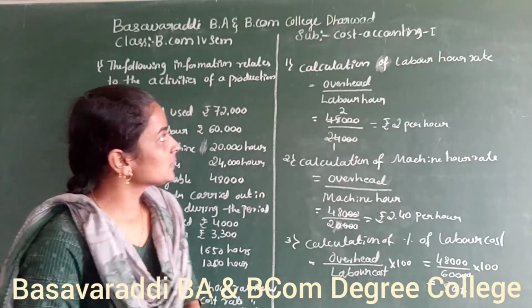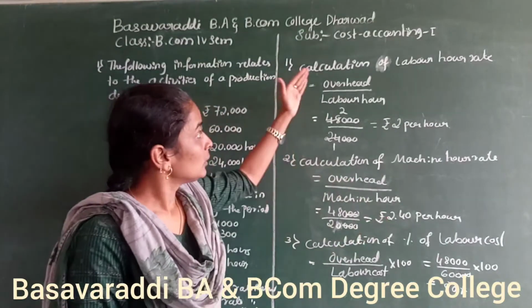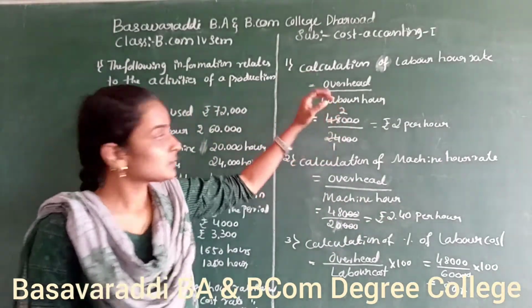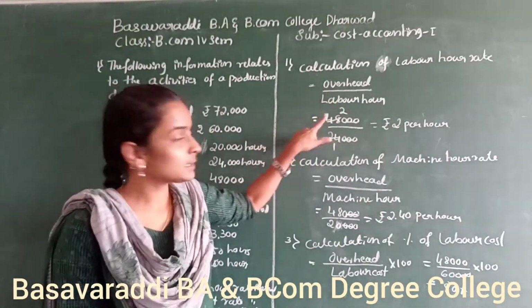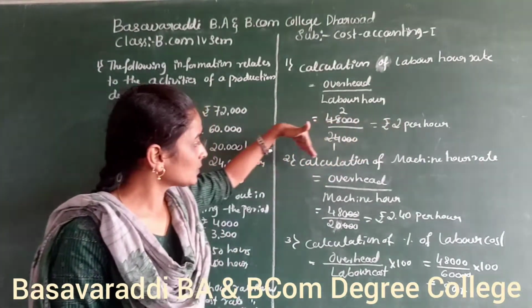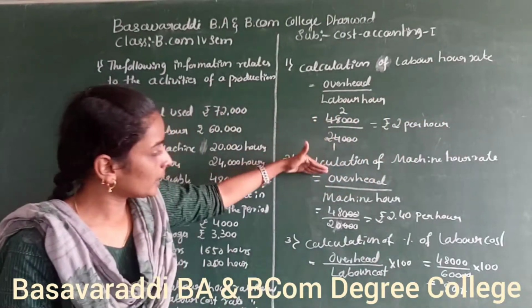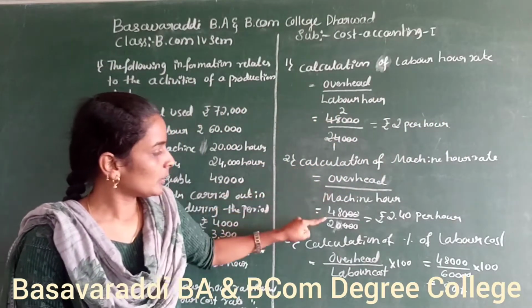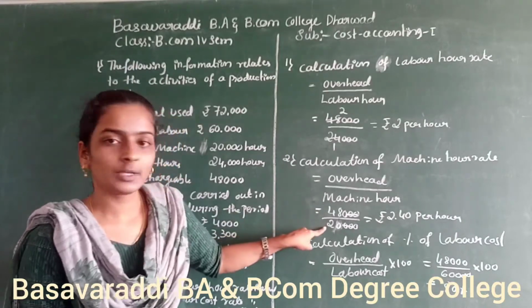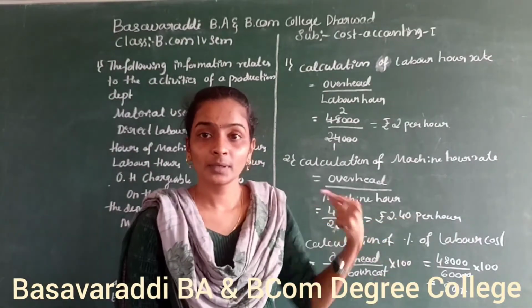Okay. The first one is calculation of labor hour rate. Overhead divided by labor hours. Overhead is 48,000 divided by 24,000, rupees 2. The next one is calculation of machine hour rate. Overhead divided by machine hours. Overhead is 48,000 divided by 20,000, rupees 2.40 per hour.